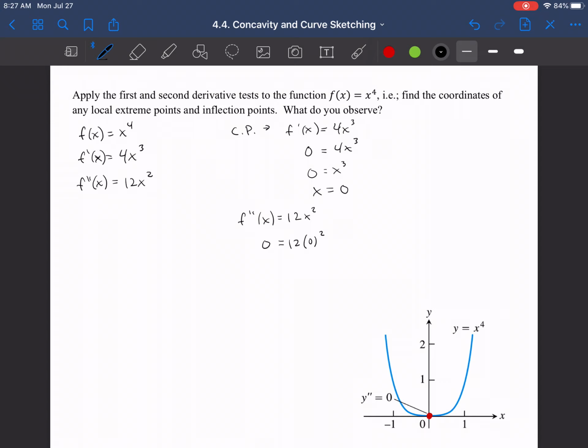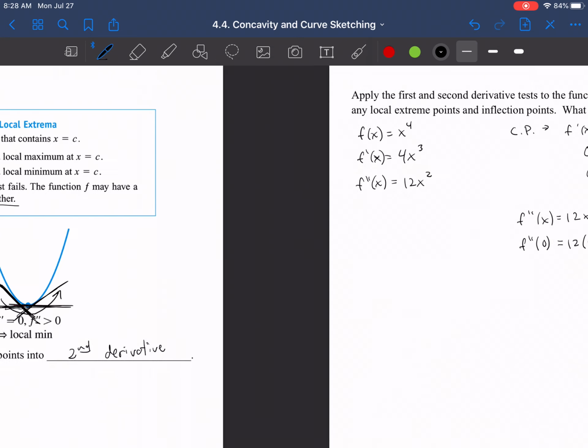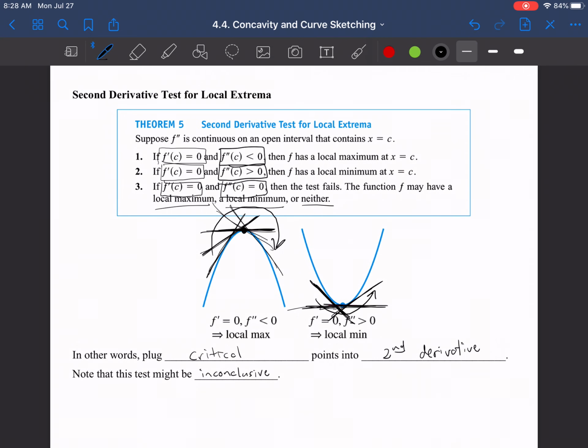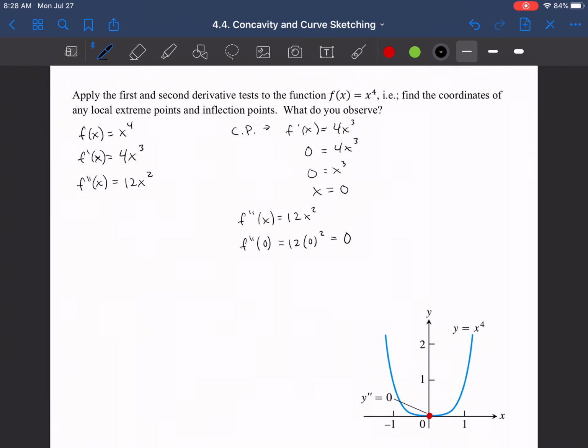And so, let me write it this way so it's a little more clear. f''(0) at that critical point is 0, which means, if you look back here, it has f' equal to 0, f'' equal to 0. So we have inconclusive.